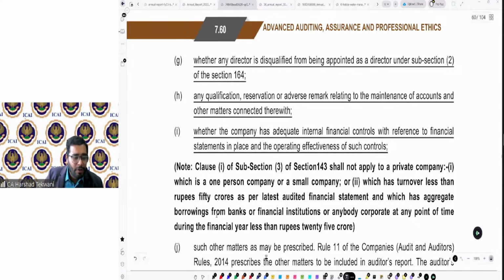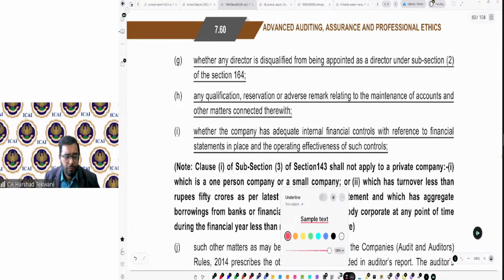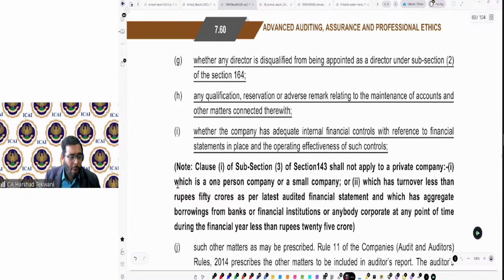So not applicable to a one-person company, a small company, or a company having turnover less than 50 crore as per the latest audited financial statement, and which has borrowings from a bank or financial institutions at any point of time, okay, less than 25 crore.